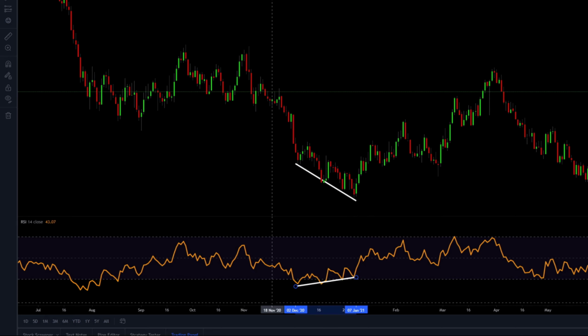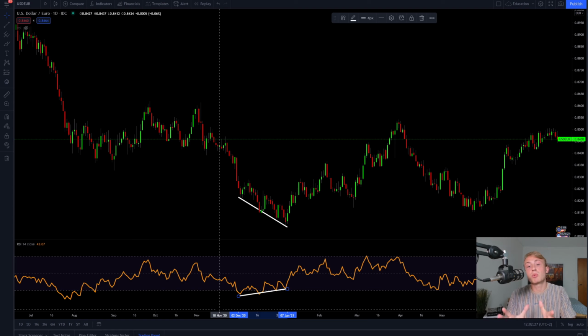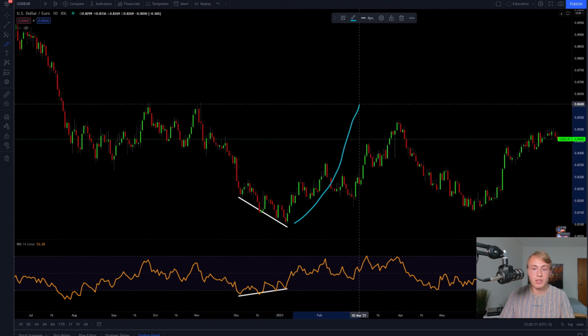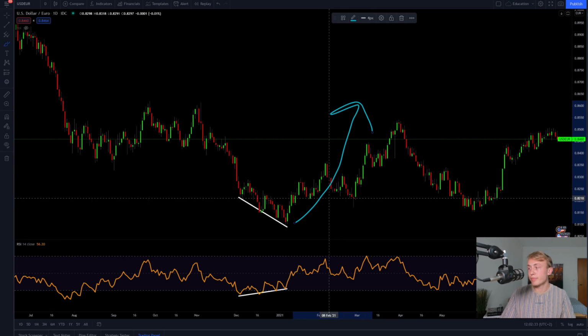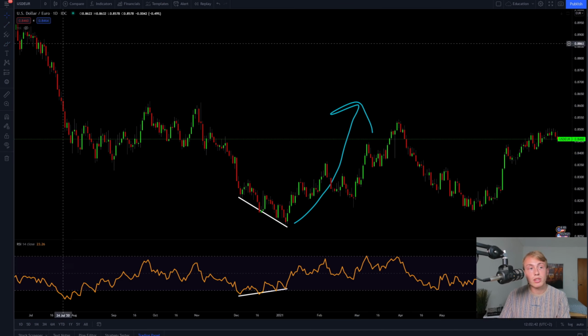So in this case, we have a divergence between the price and the RSI. This is what we call a bullish divergence, indicating a potential reversal to the upside. So there are many different ways to use the RSI, for example divergences, overbought and oversold conditions, and so on.